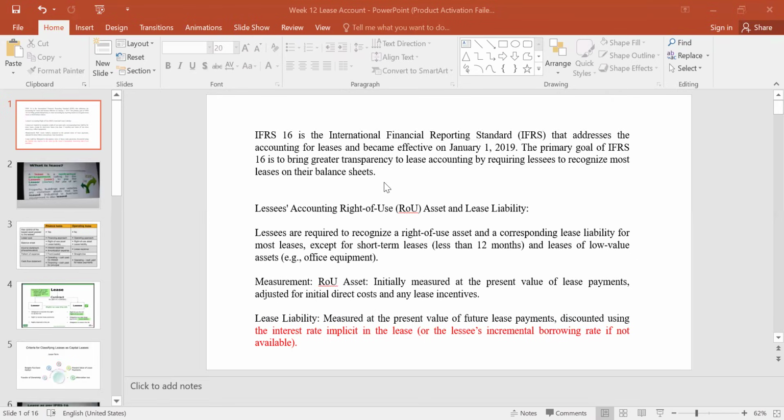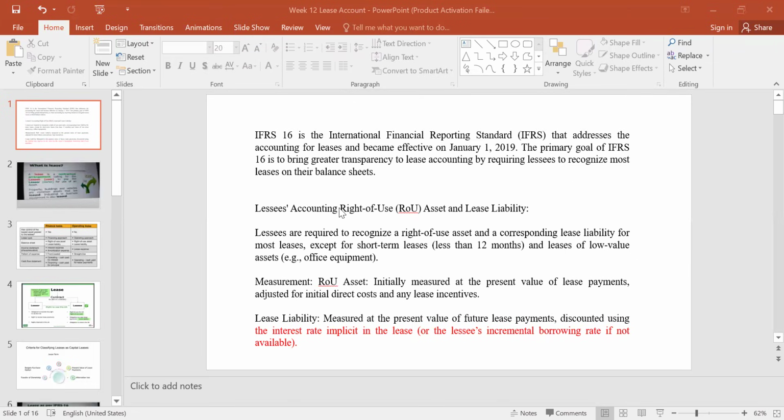Actually, you first have to determine the lessee and the lessor. Lessee means user and lessor means owner. One party gives the lease to another party. The party who wants to use is called the lessee, and the party who provides is called the lessor.